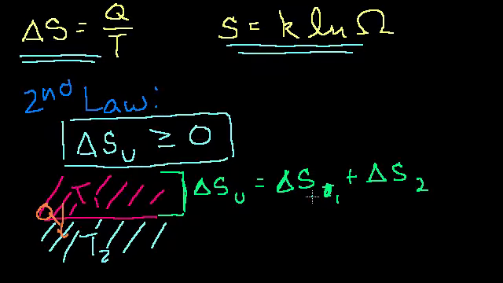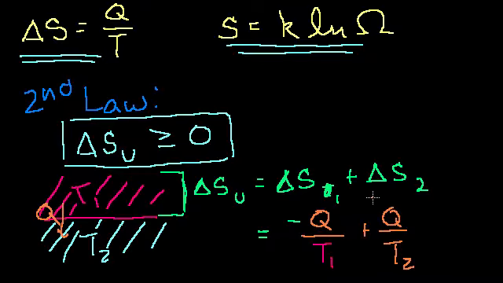So what's the change in entropy for system 1? It loses Q at a high temperature. So this equals minus the heat, Q, over the hot temperature T1. And then we have the heat being added to system 2, so plus Q over T2.